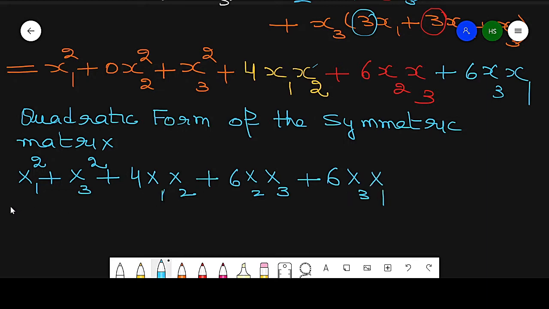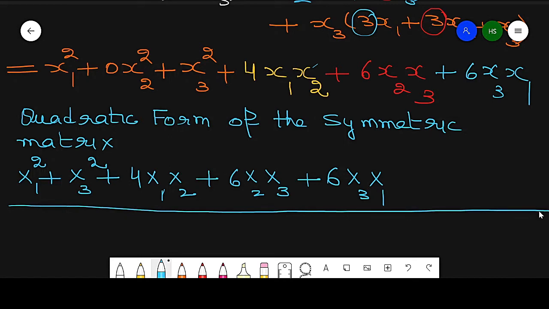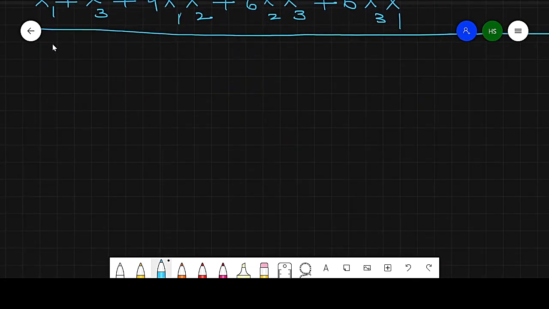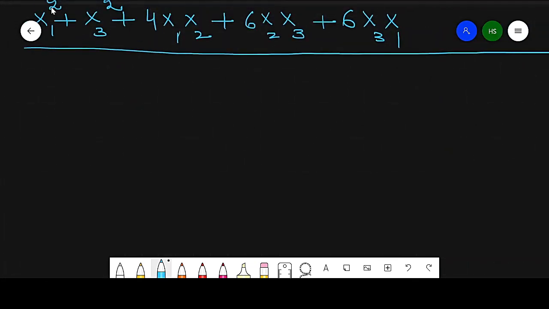So this is my result. In this way we can find the quadratic form from the matrix, and similarly we can find the symmetric matrix from the quadratic form. So we did 2 questions. Now question number 3 is: find a real symmetric matrix such that... it's very important.